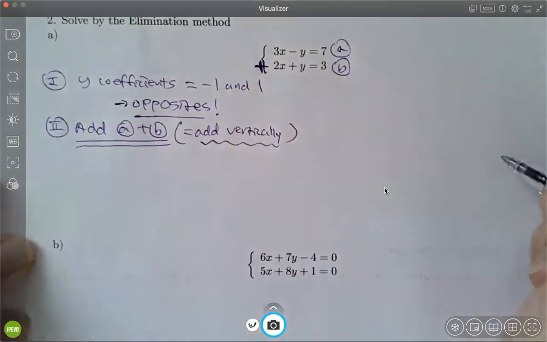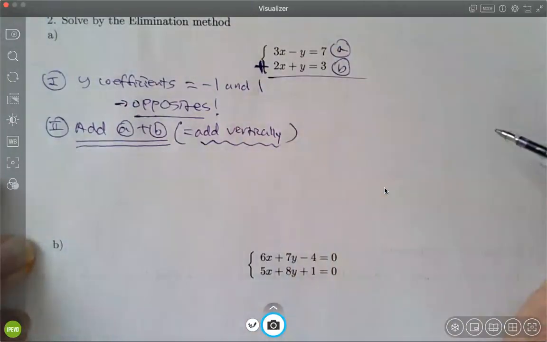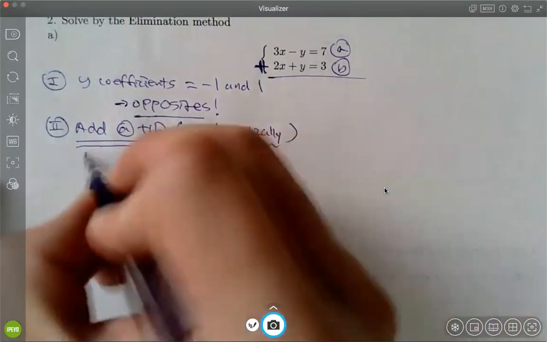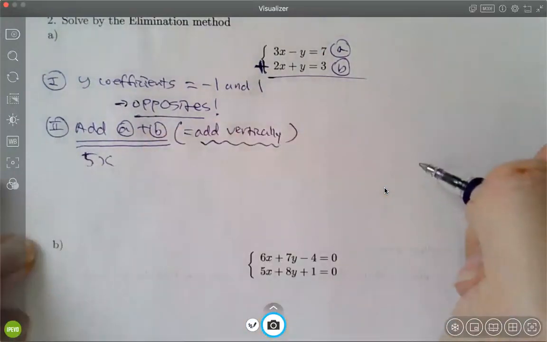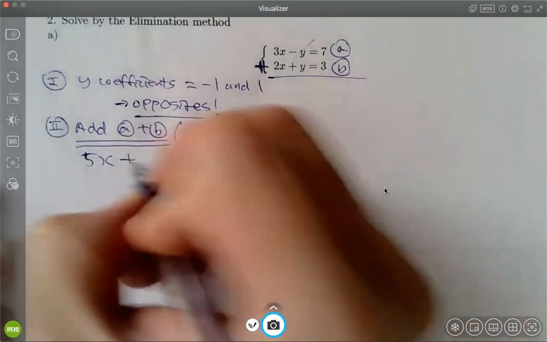Now, what happens when you add vertically? Like this, 3x plus 2x, so that's 5x, right? And now what happens to y? -y plus y, so they cancel, right?